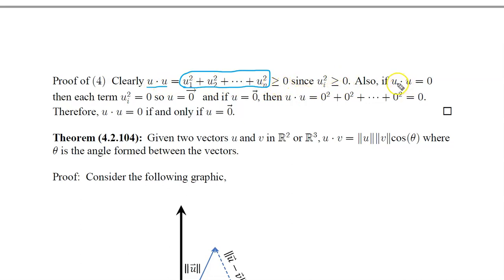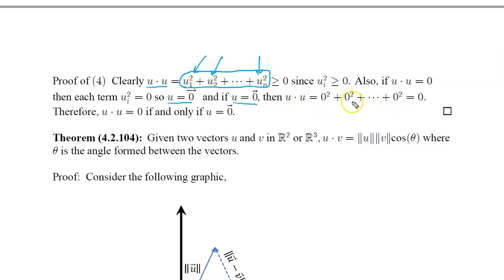And also, if u dot u is equal to 0, well, then each of these terms, ui squared, must be 0. All of these terms right here must be 0. And so that means u has to be the 0 vector. And similarly, if u is the 0 vector, then all of these terms are 0.